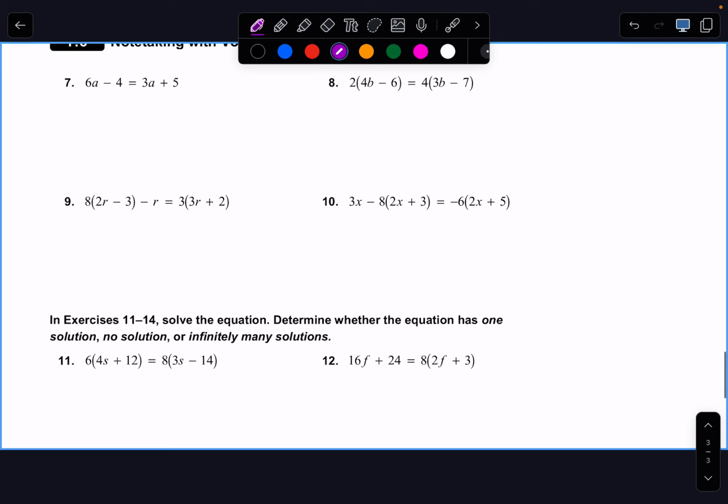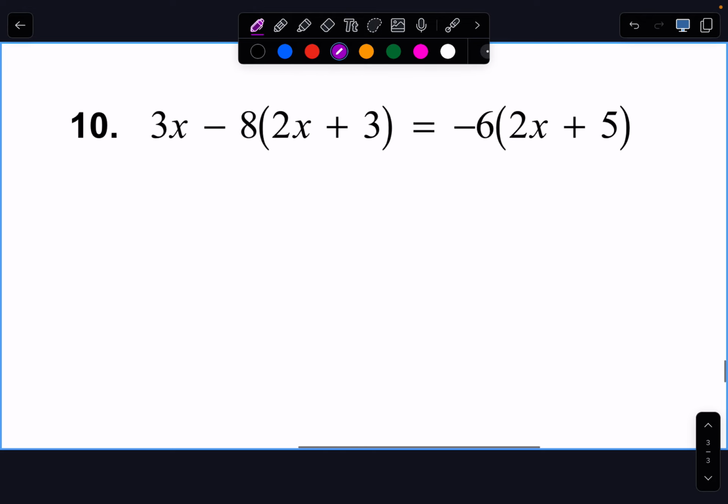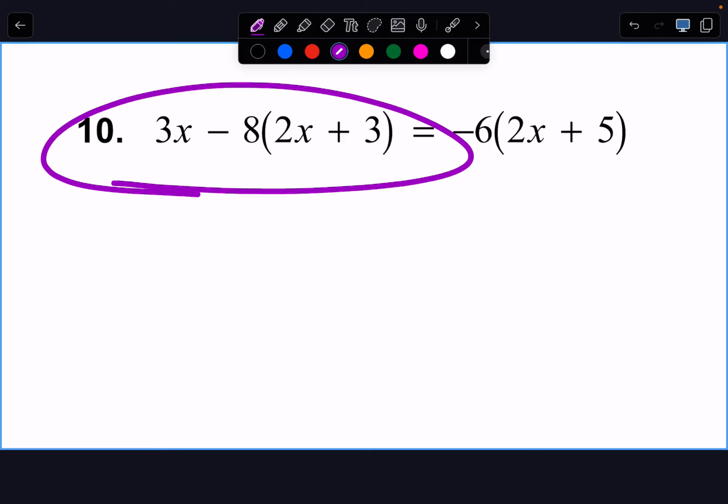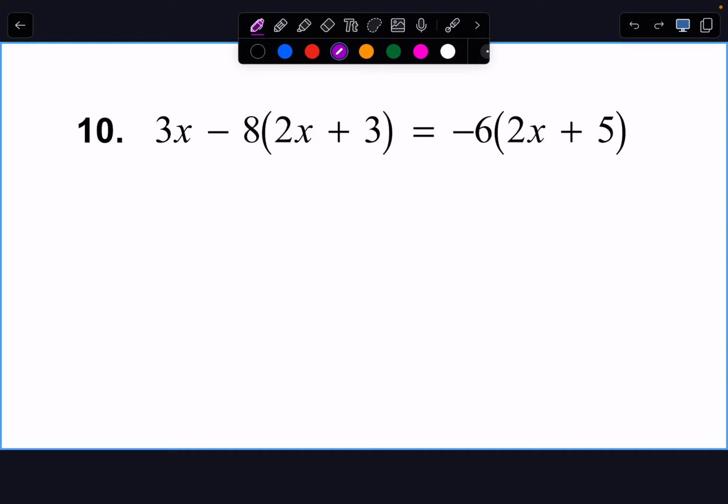Okay, before we get to infinite and no solution, I want to go to the next page and look at number 10. Okay? I worry about problems like number 10 because what number are we distributing over here on the left side? This is a minus 8. We're going to view it as a negative 8.